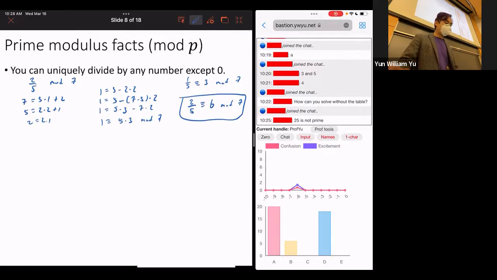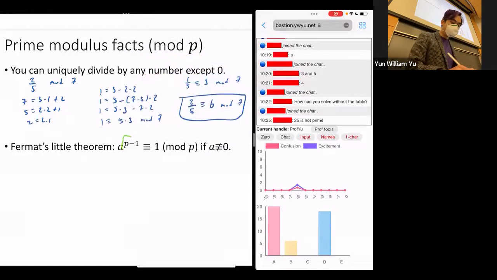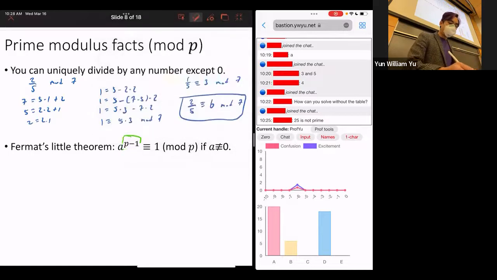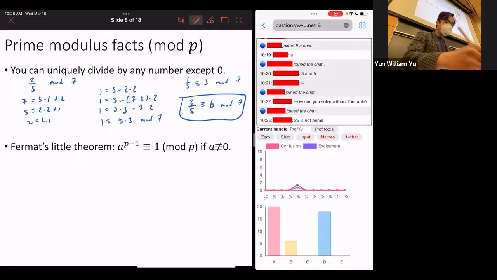And then we also had Fermat's little theorem. Note, this is quite important, that we had this p minus 1 term here. So that p minus 1 term is what we need to be relatively prime to. So a to the p minus 1 is congruent to 1 mod p if a is not congruent to 0. And of course, this is what we just did in the last part of lecture. So 2 to the 6 is congruent to 1 mod 7.